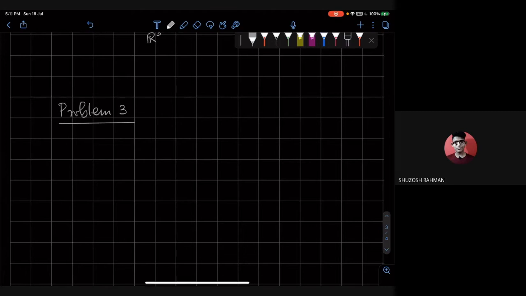So problem number 3 is asking you to show that the wave function that minimizes the Heisenberg uncertainty principle. Recall that the Heisenberg uncertainty principle says that the product of the uncertainty in the position of a particle and the uncertainty of the momentum of the particle is greater or equal to h bar by 2, right? So there must be some psi for which this product is minimized.